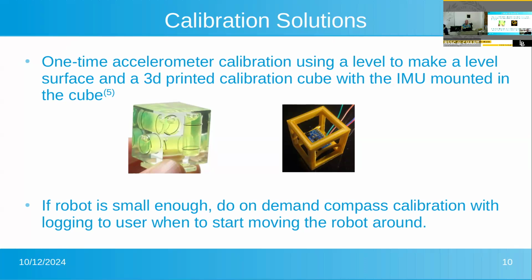Okay, so there's a video at the end of this talk, number 5. You basically run a program, so you have this cube with the IMU in it, and you have an Arduino, or the Raspberry Pi alone. You run this software, another Python script, and it will ask you, you have the level surface, and you follow its directions.